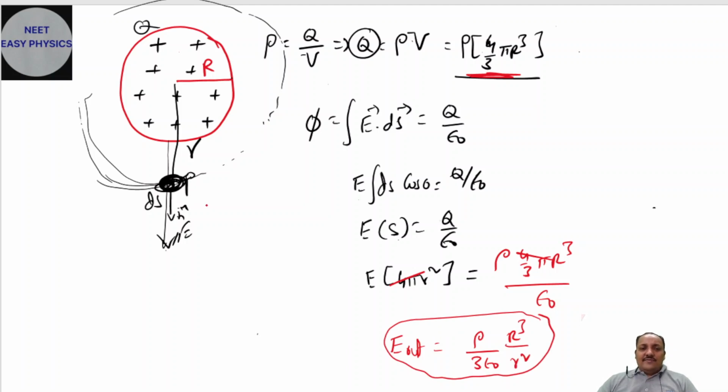So because of the non-conducting sphere, outside, this much electric field intensity is available: rho by 3 epsilon naught, R cube by r square. Now, on the shell, if you are taking the point on the shell, again same like the previous conducting sphere, then small r and capital R will be the same.